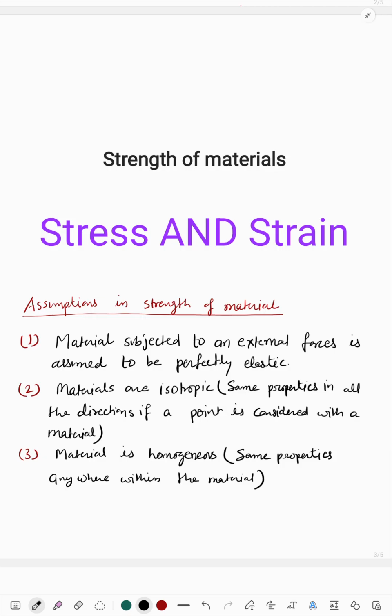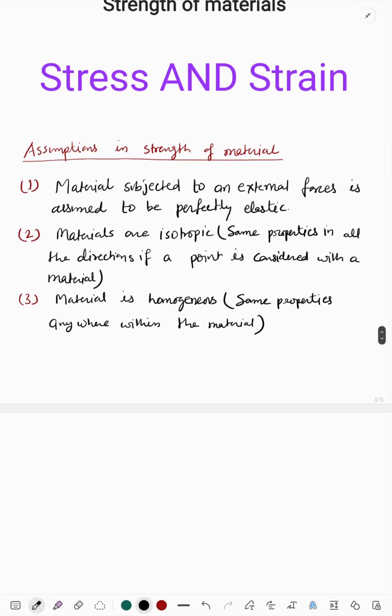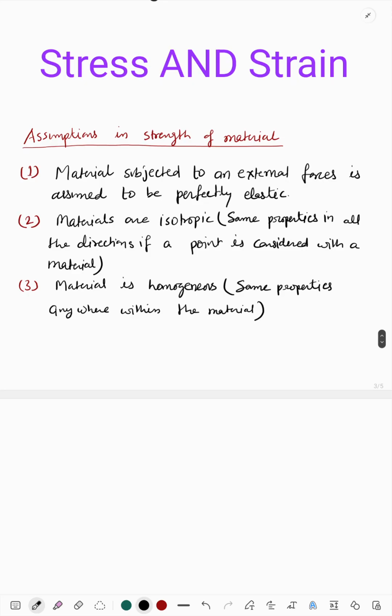So now we'll go for what is stress. Now we start with dealing with stress, and its symbol is generally written as sigma. So how are we going to define the stress?